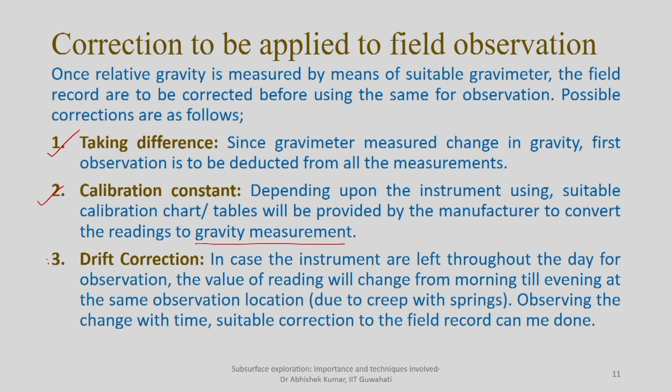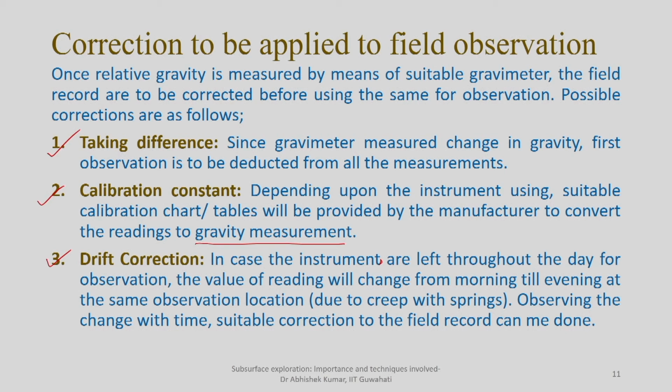Third thing is called gravitational drift. In case the instruments are left throughout your day, you will see that the gravitational measurement changes between morning and afternoon, and again in late evening, because of the change in temperature.